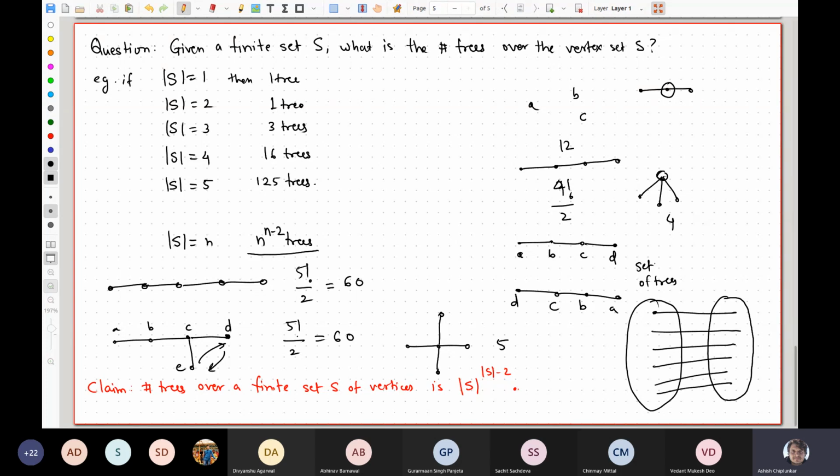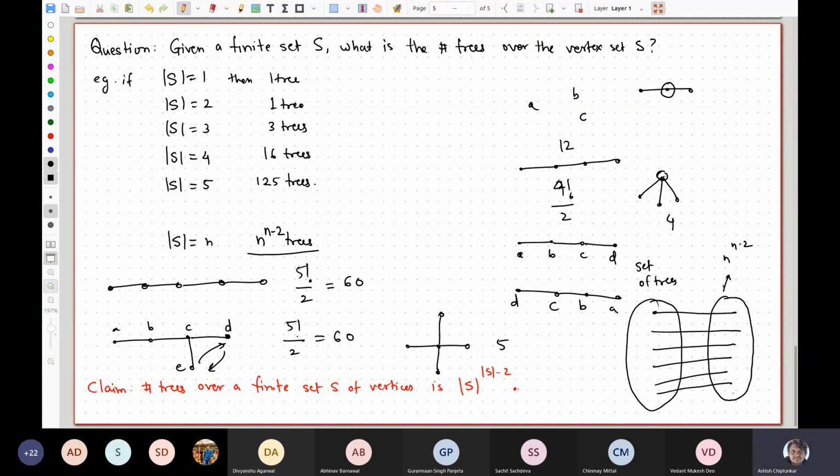What does that mean? It means that the number of trees is equal to the size of this other set also. But this other set that we construct is going to have such a nice structure that it's extremely trivial to prove that its size is n to the power n minus 2. And that is the way we'll conclude that the number of trees is equal to n to the power n minus 2.